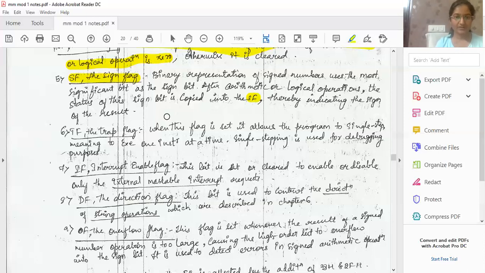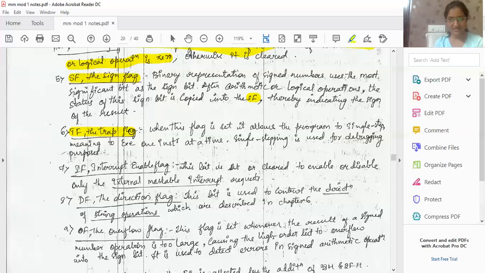Now next you have the trap flag. Here the trap flag is something that you're hearing for the first time. What does it do? When this flag is set, it allows the program to single step operation, meaning one instruction will be executed at a time.